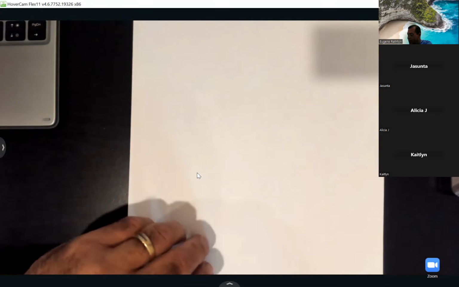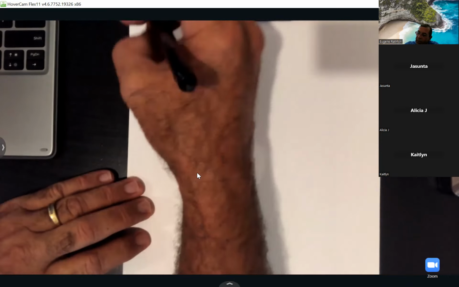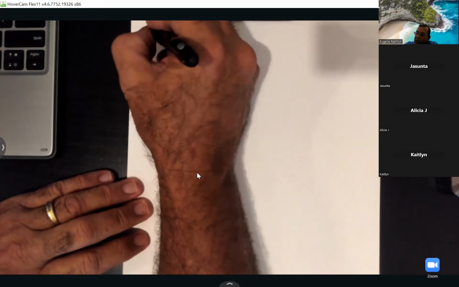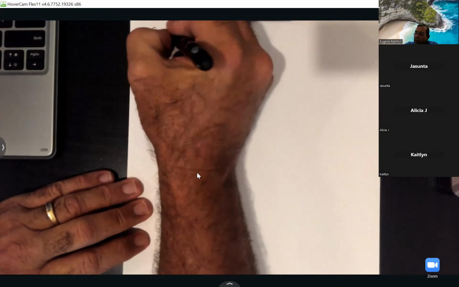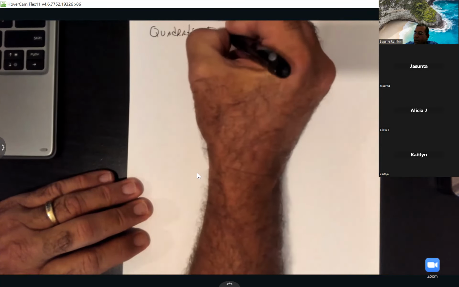All right, y'all. So let me see. So, y'all, let me introduce y'all to the quadratic formula.